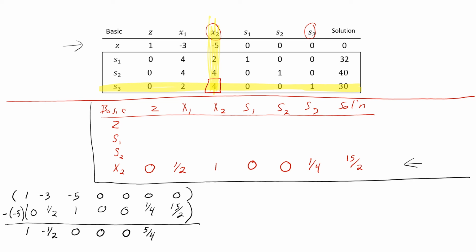And 0 plus 5 times 15/2 is 75/2. That is our new Z row. So the Z row becomes 1, -1/2, 0, 0, 0, 5/4, and 75/2.